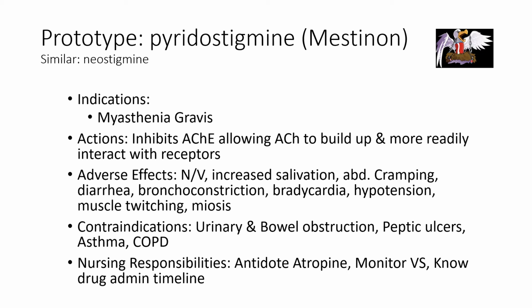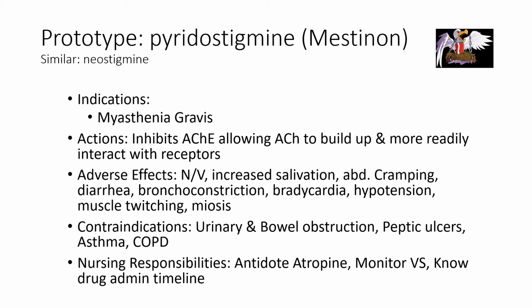So that's the idea behind pyridostigmine. By blocking the enzyme that actually breaks down acetylcholine, you allow acetylcholine to have higher levels in the synapse that then can at least stimulate the remaining receptors more.